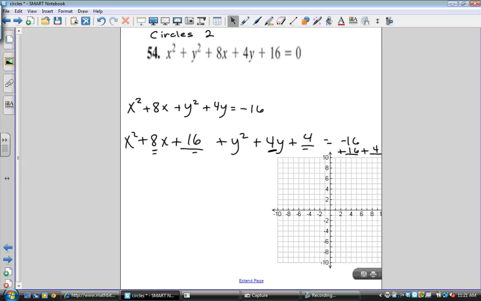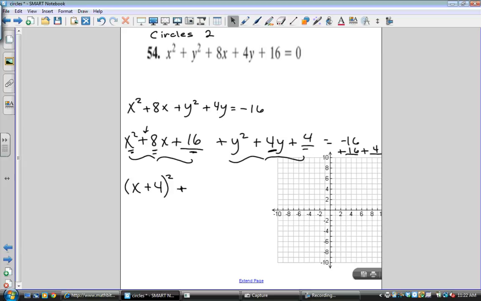Okay, now that we completed the squares, these are going to be perfect square trinomials. So recall that to factor perfect square trinomials, we take the square root of the first and last terms and use the first sign. So that would give me x plus 4 quantity squared.